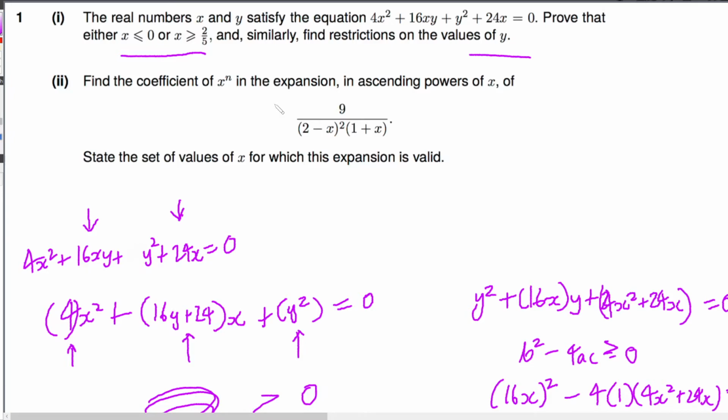Those three restrictions, you can build a chain of logic on to get to these new restrictions, with the knowledge that you already have about the nature of the roots of a quadratic equation and how restrictions on the coefficients of a quadratic equation exist depending on what you want the root to be.